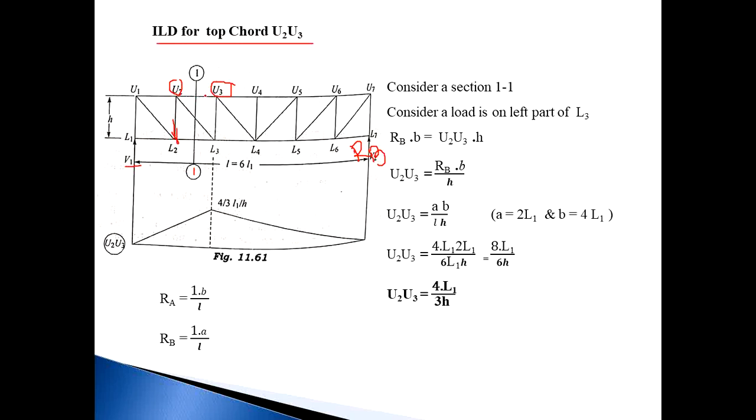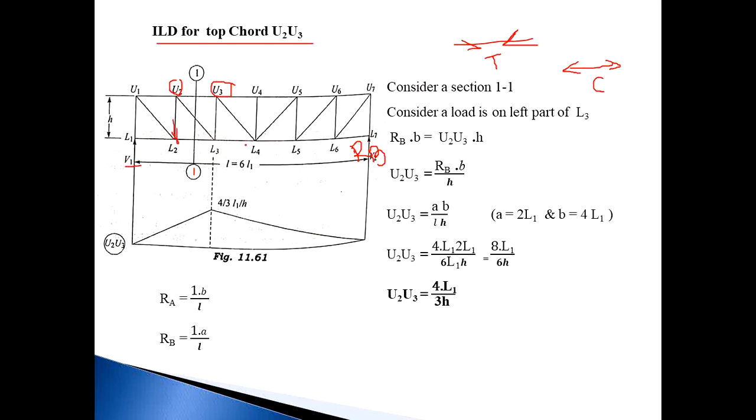Now we already know that away from the joint is tension nature, and towards the joint it is compression.